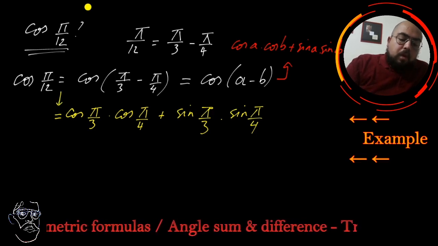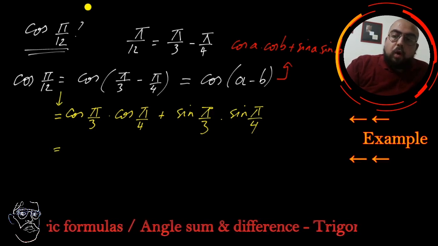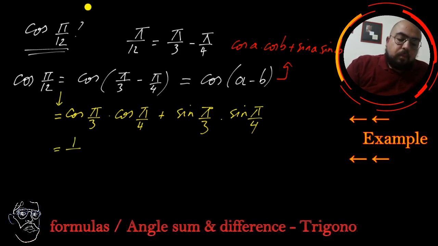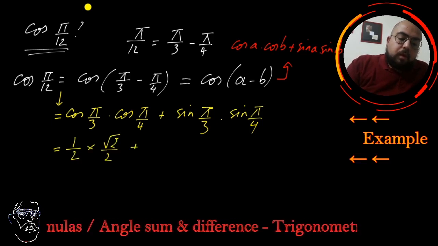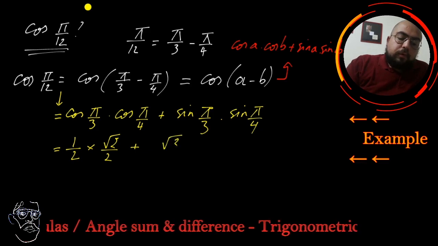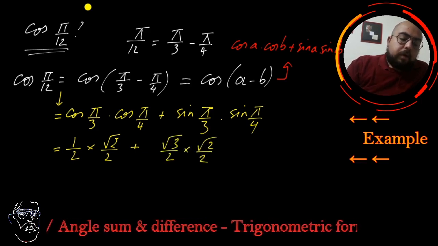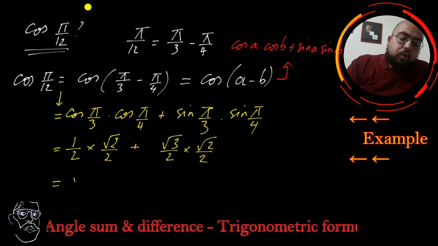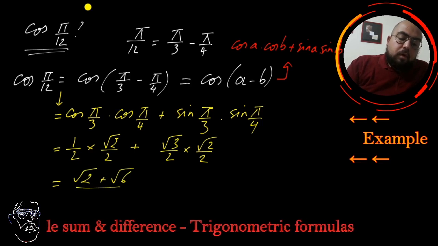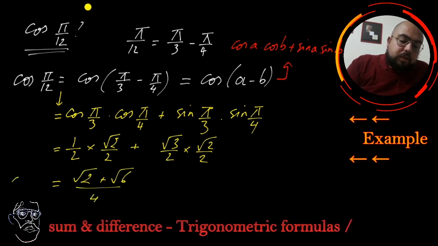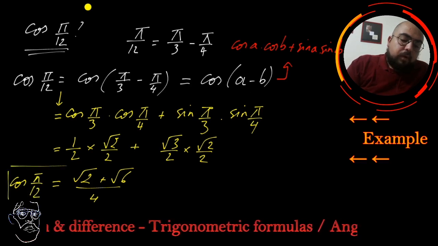Cosine of pi over 3 is 1 over 2 times square root of 2 over 2 plus square root of 3 over 2 times square root of 2 over 2. Your final answer will be square root of 2 plus square root of 6 over 4. So this is the exact value of cosine pi over 12.